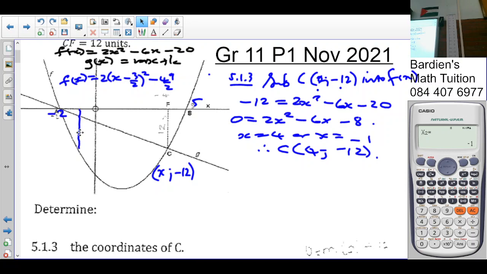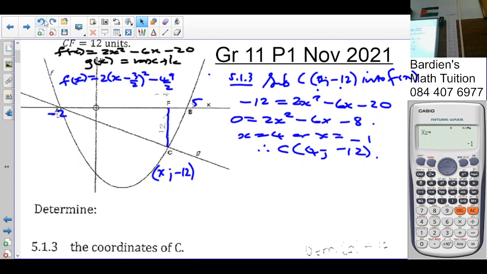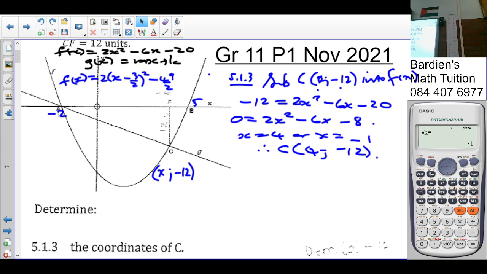Can you see it, people? It's approximately minus 1 anyway. Okay? So the C value is 4 and negative 12. Also, C is on the positive part of the x-axis, that's why I went to it positively.